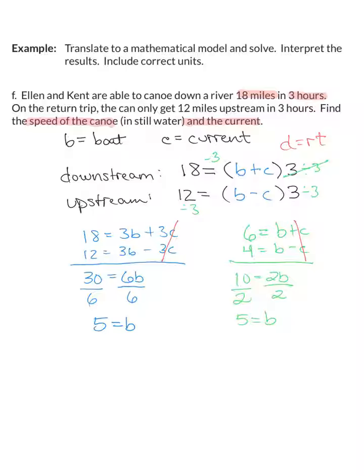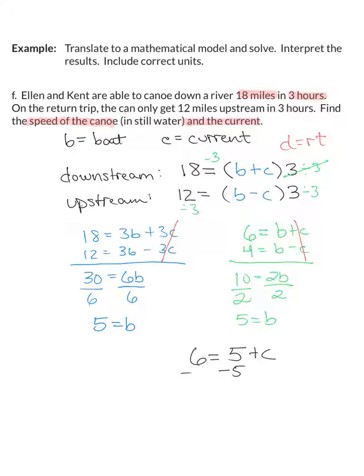But for the second part of this, to find c, it is a little bit easier to work with these equations here as opposed to these ones over here. So if I plug in 5 into my top equation, I get 6 equals 5 plus c.